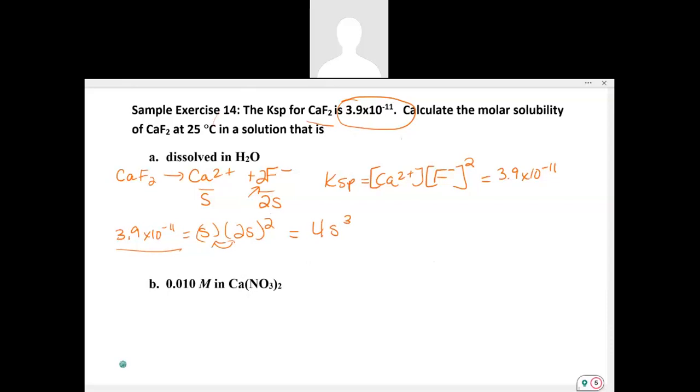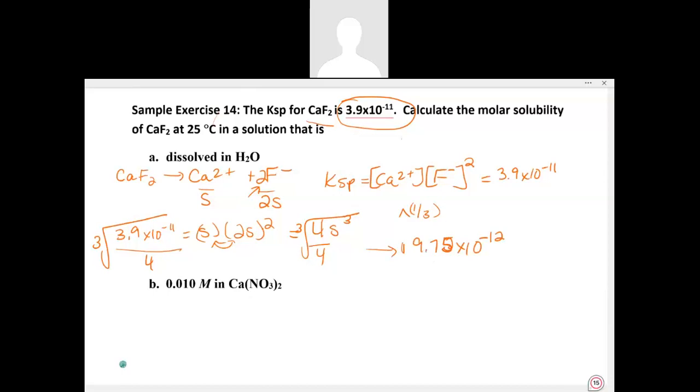So we can divide both sides by 4, and then we can take the cube root. If you remember, another way of doing that is raising to the 1/3 power. Depending on your calculator, one may be easier than the other. When we divide by 4, initially we would get 9.75 times 10 to the negative 12.